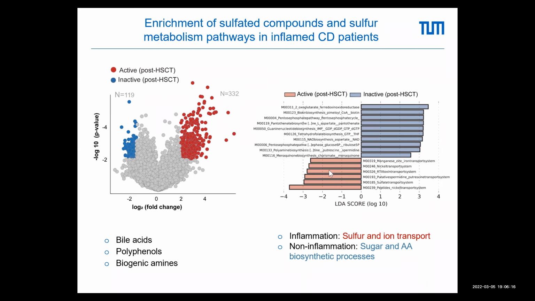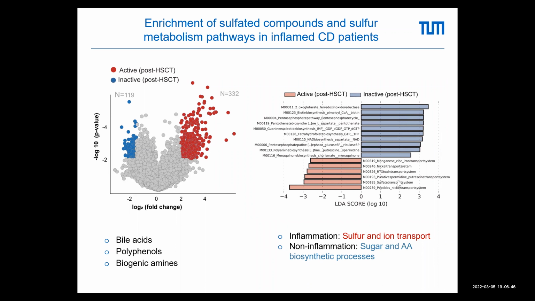And so next we looked at these data, which are actually from predicted metagenomes. Using tools like PICRUSt, we looked at the functional potential of the bacterial community in patients who have active or inactive disease. And we identified metabolic pathways which are differentially abundant in each case.